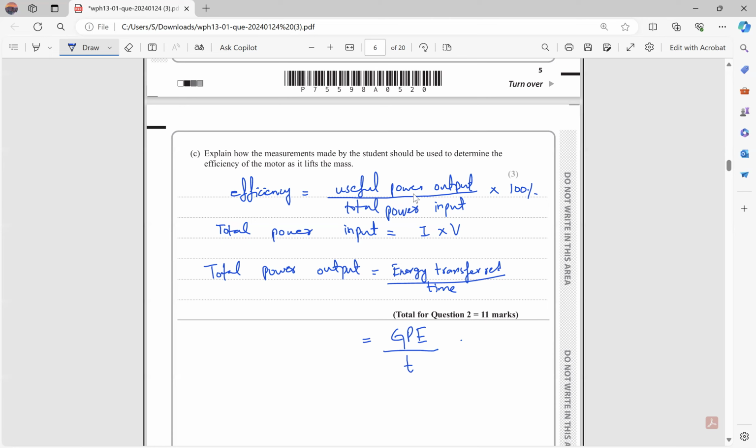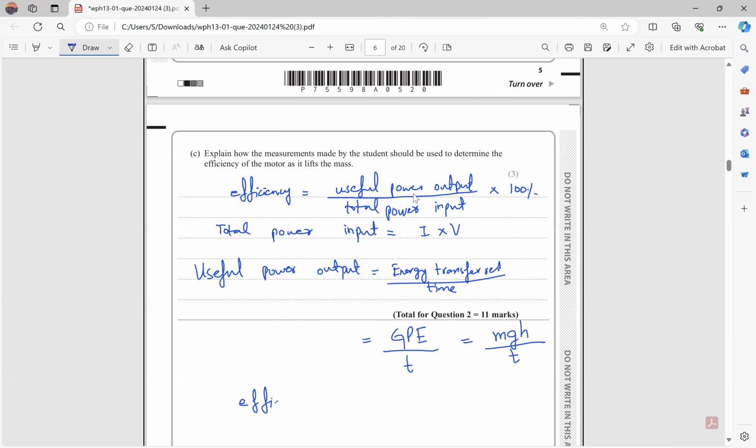And the formula of gravitational potential energy is mgh, mass times 9.81 times the height, over time. So that's the useful power output. Now you just substitute it back in the formula.